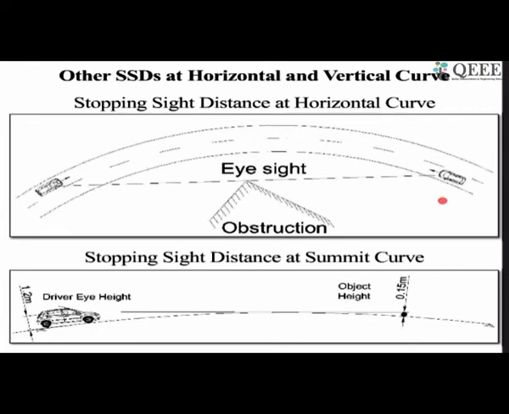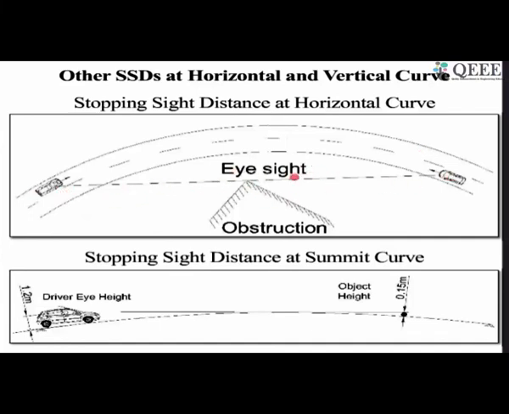And I think in the next 5 minutes I can conclude. So the stopping sight distance that we talked about in the straight section, we may get into a situation like this, where we have a highway which is on a curve, and a vehicle is measuring the distance along this curve, but the eyesight is always straight.